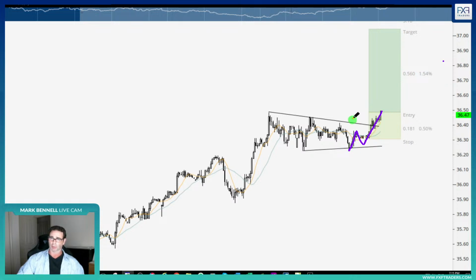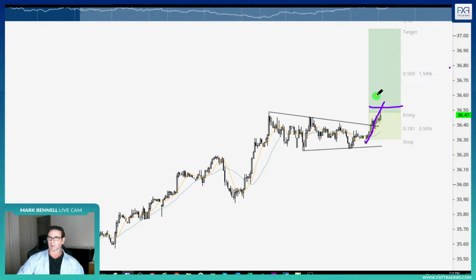So that would obviously be A, B, and you're looking for C here to be AB leg by 1.618. Sorry, XA leg. There's X here by 1.618 to get into C. Okay, and then any multiple through there.